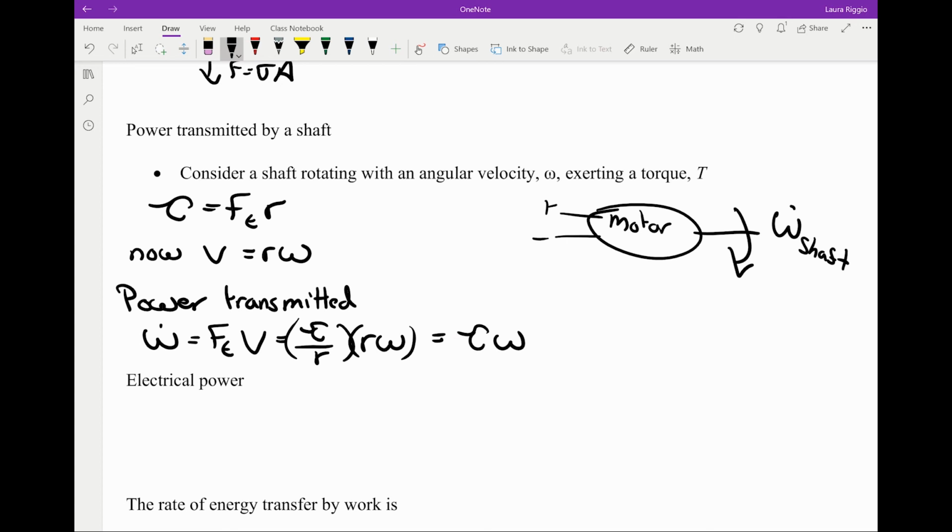For electrical power, we have our electric potential, epsilon, and we have I, which is our current.